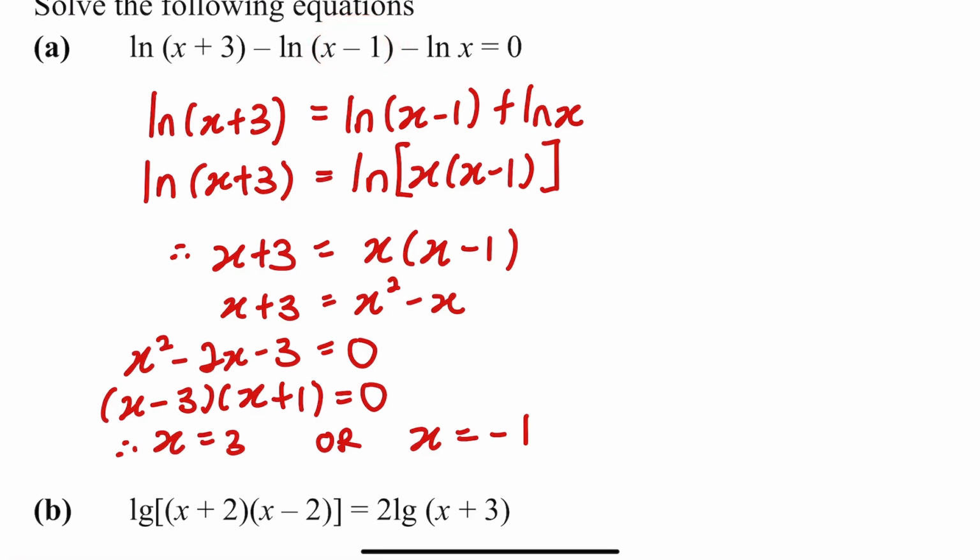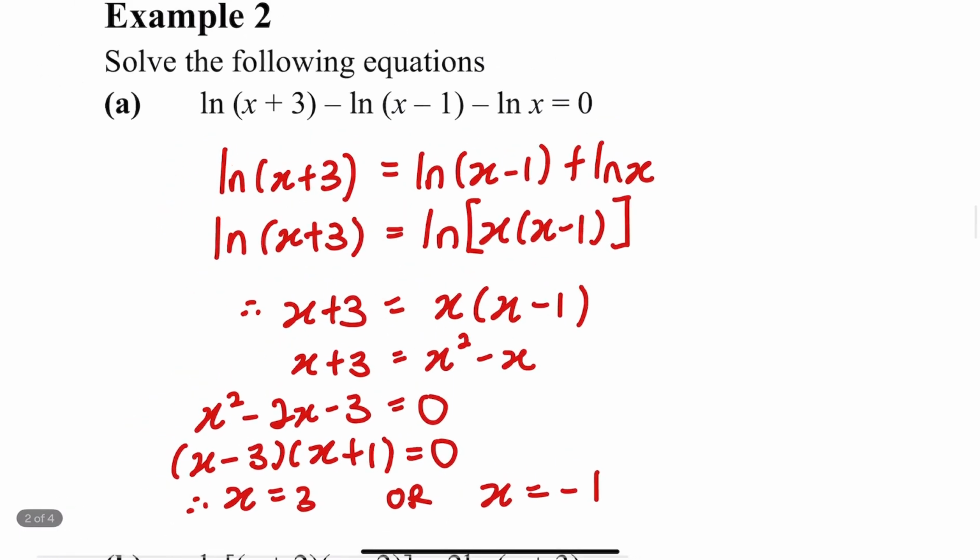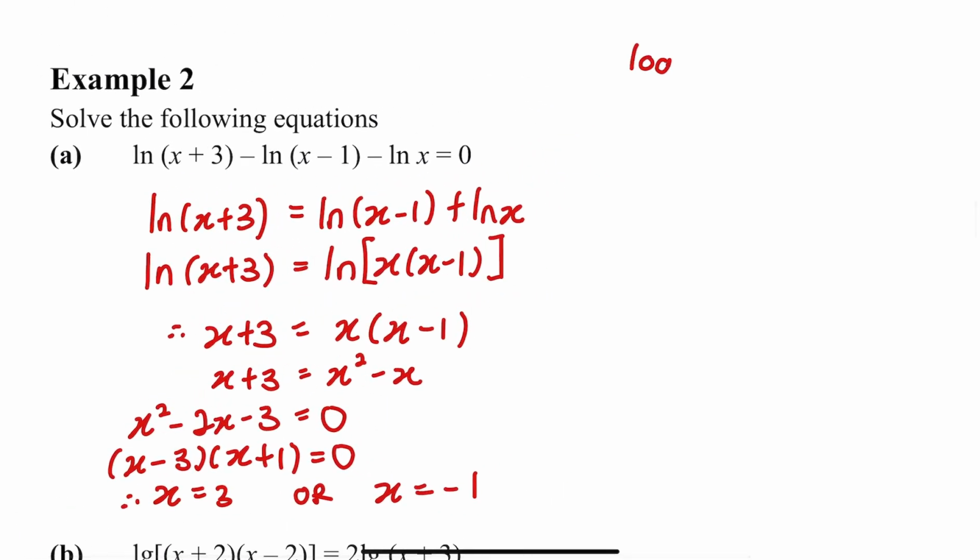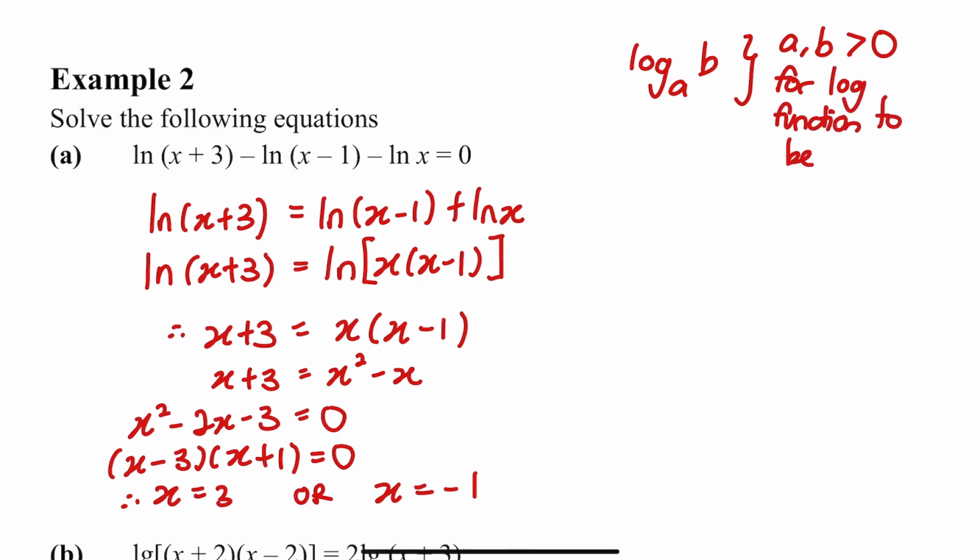Not valid. So x equal to negative 1 is not valid because, let me recap again, for a logarithmic term, the numbers a and b must be positive for the log function to be valid.